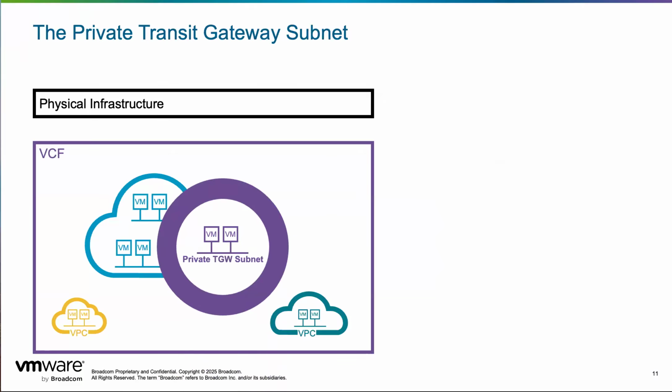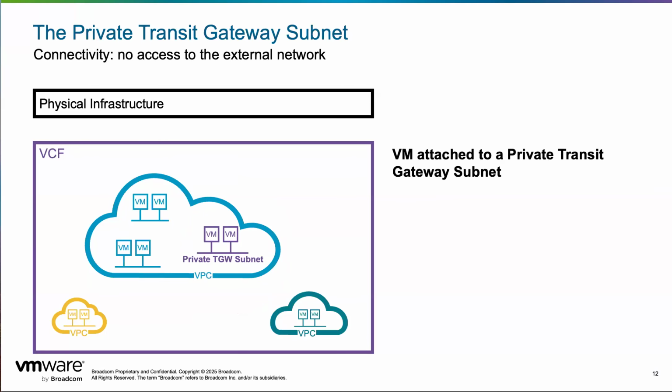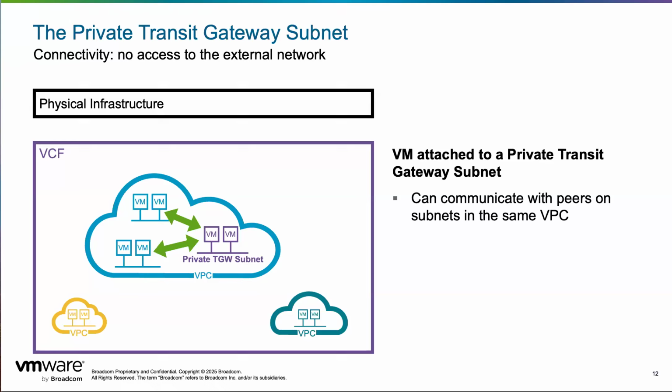Now let's talk about the private transit gateway subnet. So hold on to the name. I will explain later why it's called private transit gateway. Just assume that it's a different kind of connectivity option that is offered here for your subnet. So if you attach a virtual machine to a private transit gateway subnet, it will still be able to communicate with peers inside the same VPC, of course.